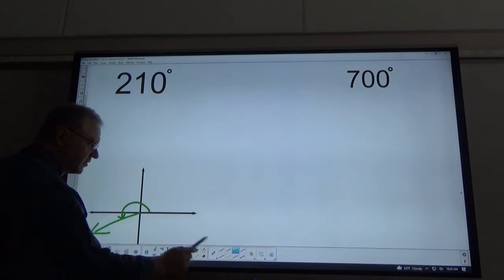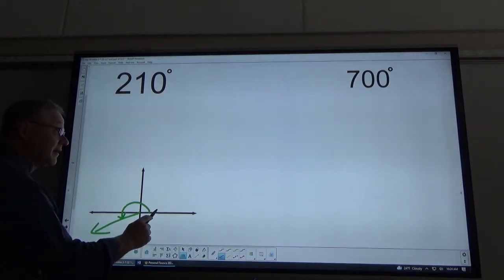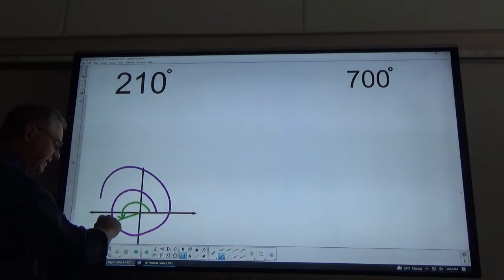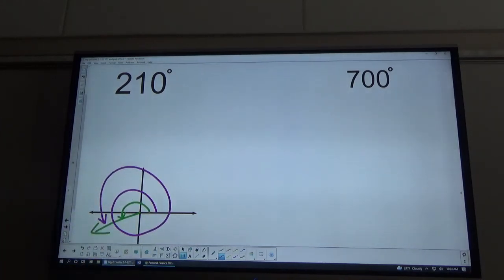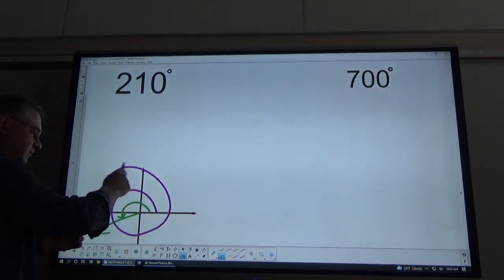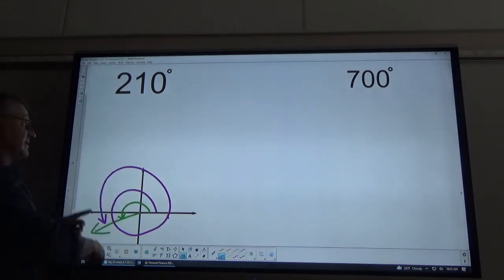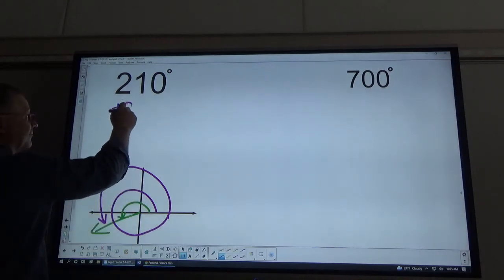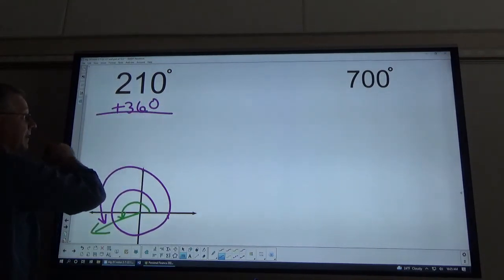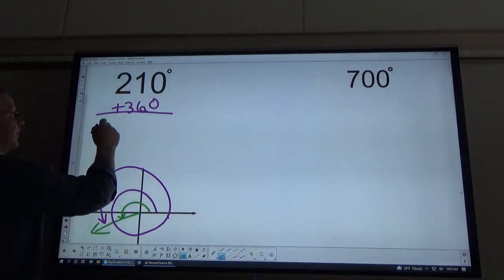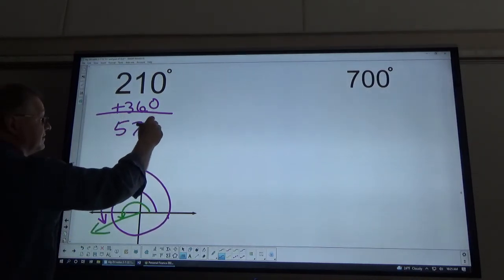Now, if I were to go around once and then end here, that would be 360 degrees more than what I started with. So if I add 360 to this, that would give me a coterminal angle, so 570 degrees.